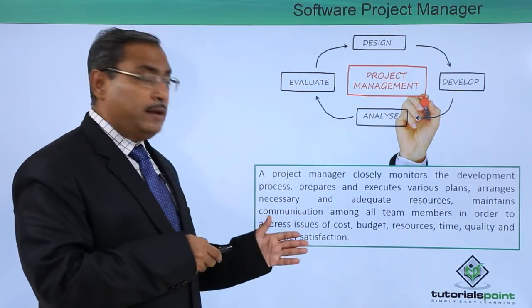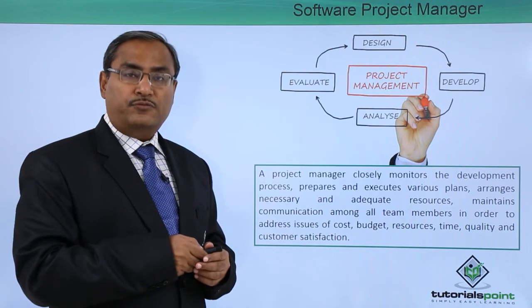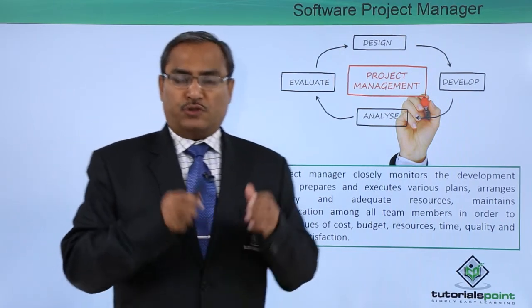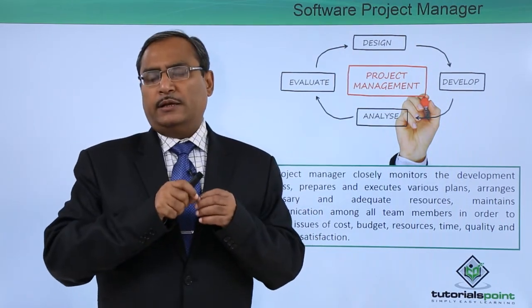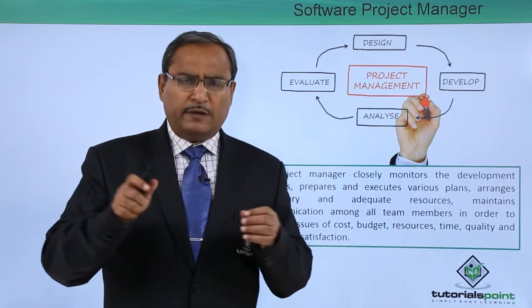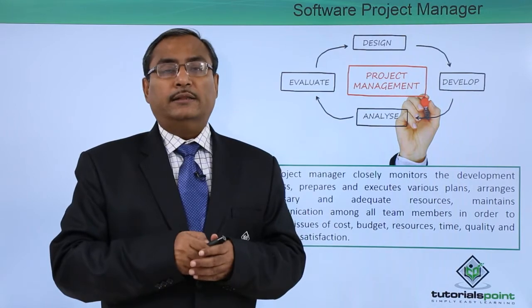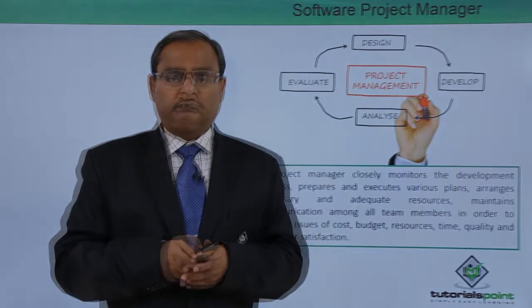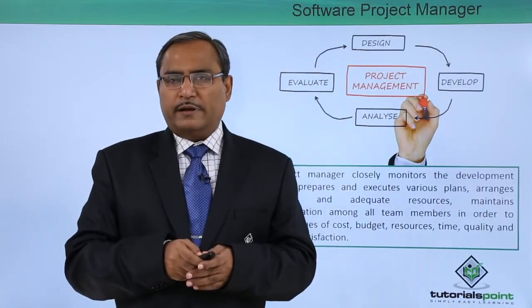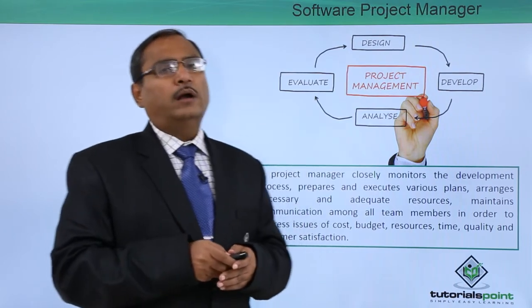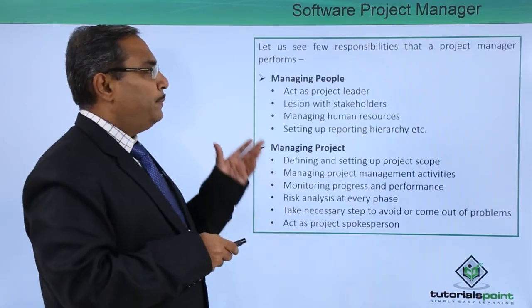So these are the main purposes of a software project manager. The software project manager performs multiple different responsibilities and plays a very important and vital role in the software development process. Now let us see what the different responsibilities are that a software project manager will perform.